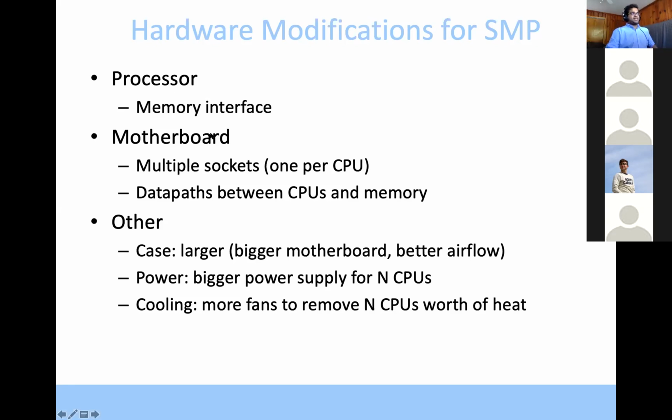Your processor itself will need to have a different memory interface so that it knows that it's not the only one accessing that memory. So maybe it has to go through an indirect access to the memory, right? So we saw that there was another chip that had to deal with that. So the memory interface changes. The motherboard needs multiple sockets. You need to have more data paths between the CPU and memory, or CPU and the controller, and so on.